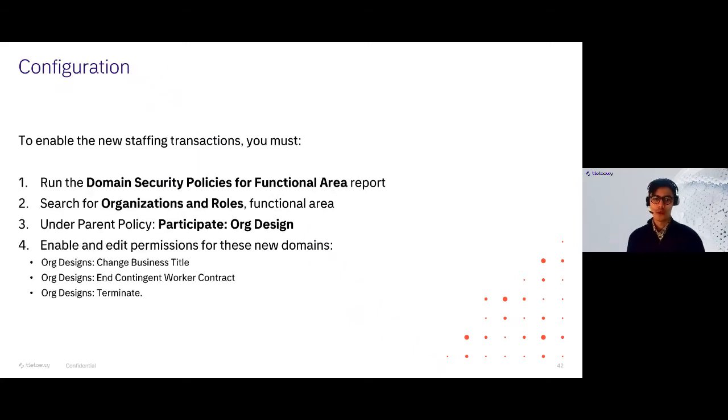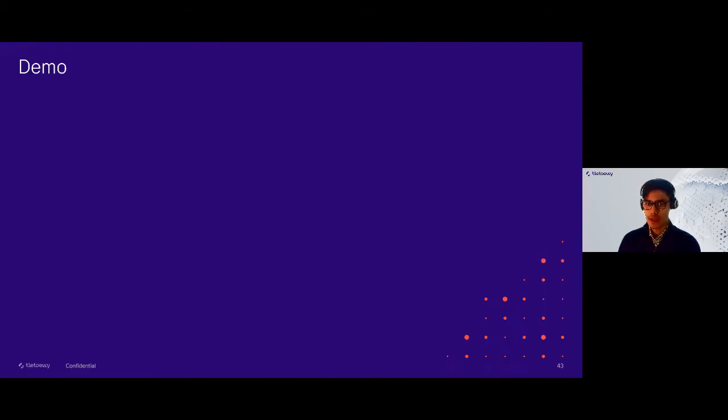To enable the new staffing transactions, you basically need to configure and enable these domains for these actions, and it is found under the organization and roles functional area under the parent policy, participate in org design. And then you enable and edit the permissions.